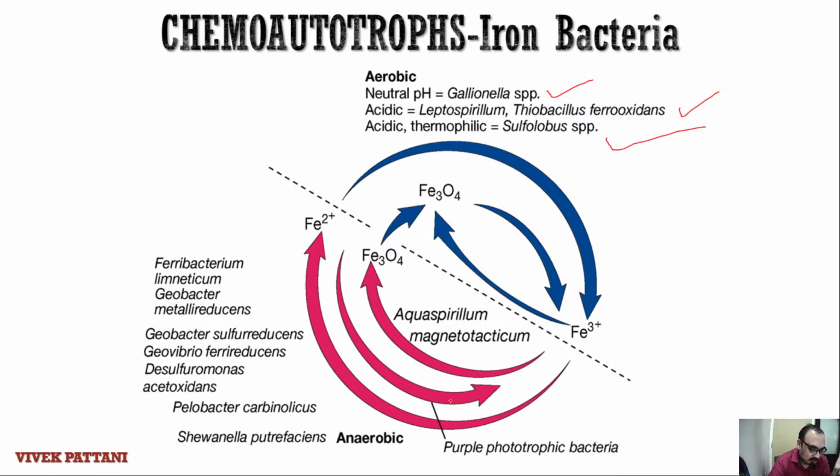In this case you can see purple photobacteria also involved. Remember the Winogradsky column, where in the layer of purple photobacteria you can clearly see the red patches of iron oxides, and all this happens under anaerobic conditions.